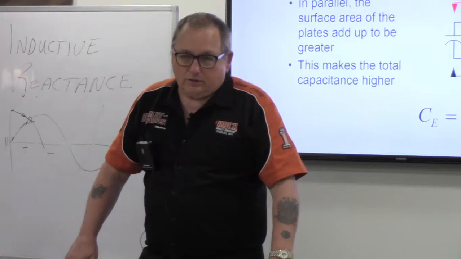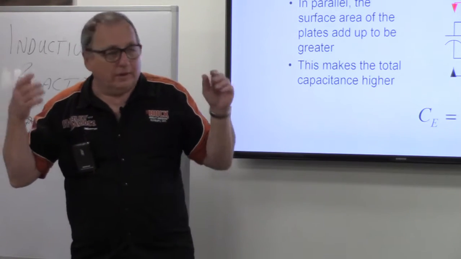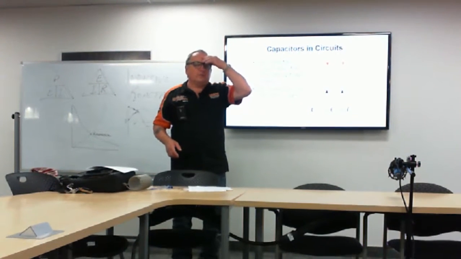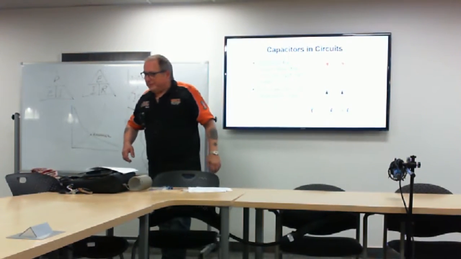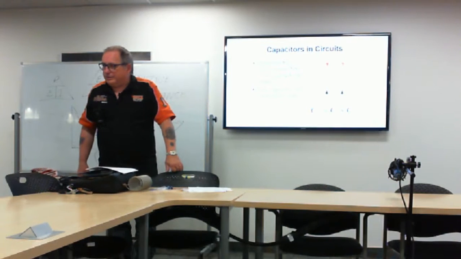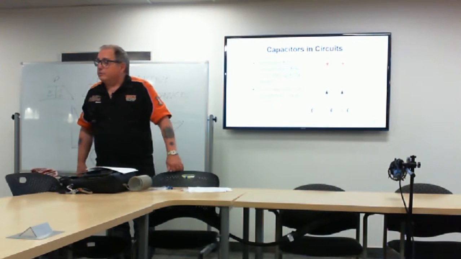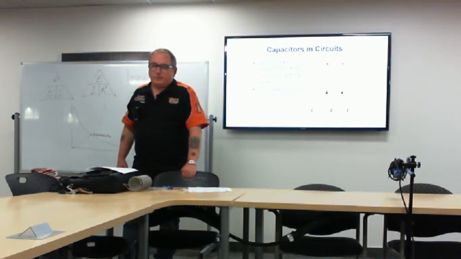Whenever you're doing your calculations, it's very important to get your units correct. The best way is to use the decimal point. If you have 10 millihenries, that's 0.010 henries. 0.001 is 1 millihenry, and 10 millihenries is 0.010.